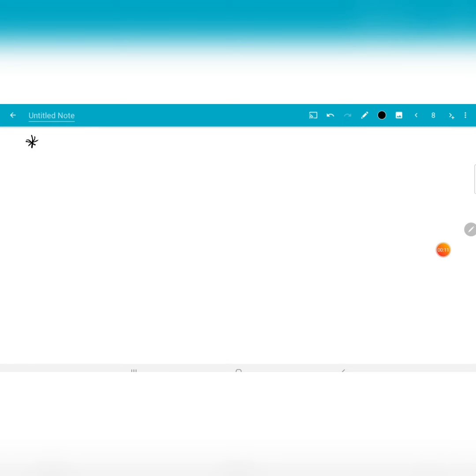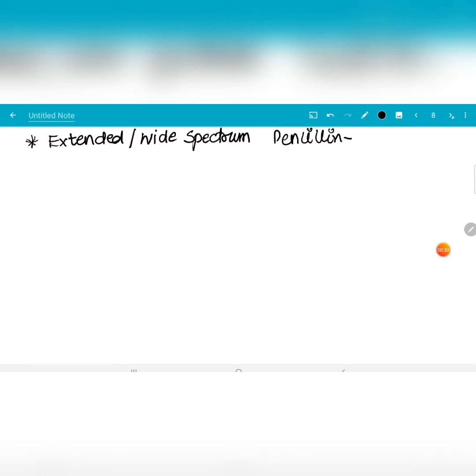Now, which drugs do extended spectrum penicillins include? Its mnemonic is A city map. A means ampicillin and amoxicillin.